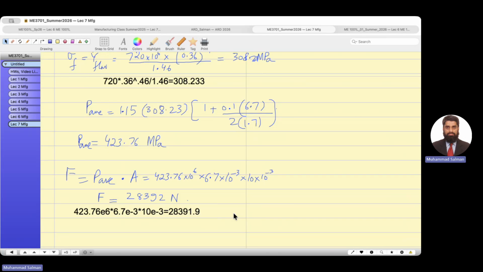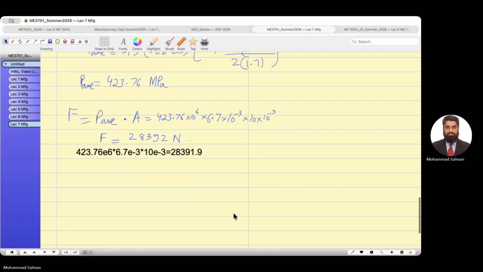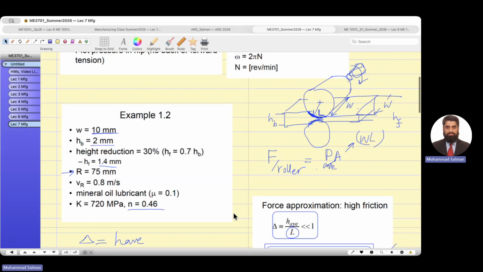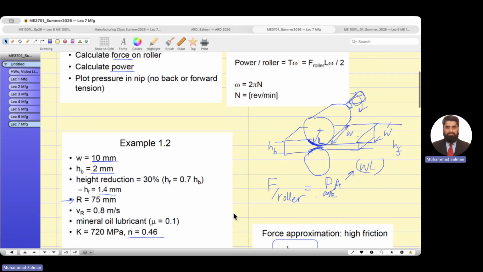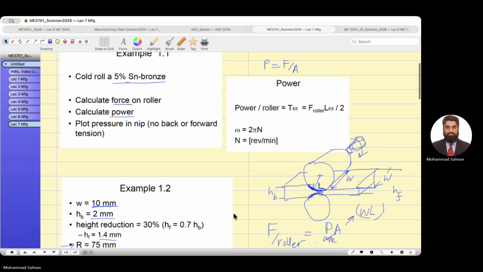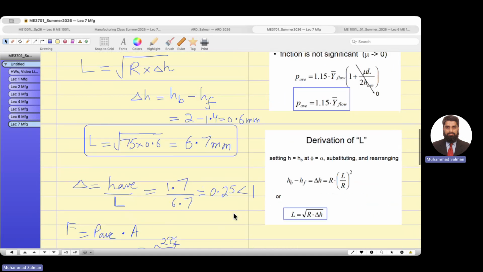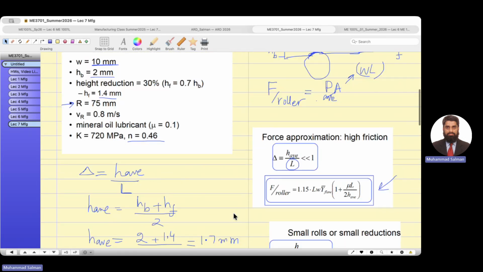Now, after you find the force from the roller onto the workpiece, this is per roller, okay? Then you have to find out the power. The question is, how do you find the power per roller? Let me show you. I think I gave you this slide here.